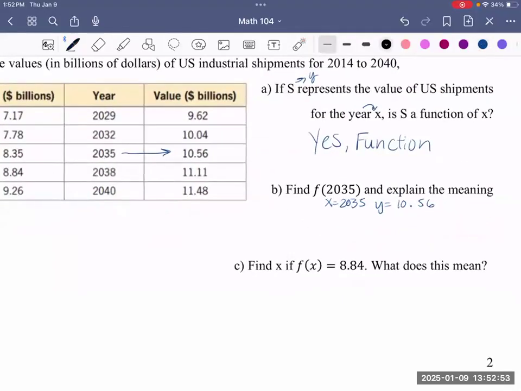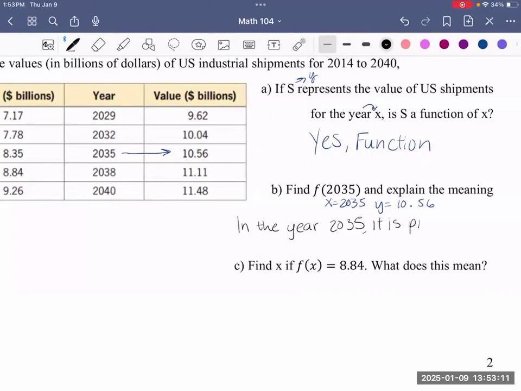Well, we can start off something by saying, in the year 2035, and because we haven't reached the year 2035, we don't know that this is actually true. It is an estimate, it is a prediction.